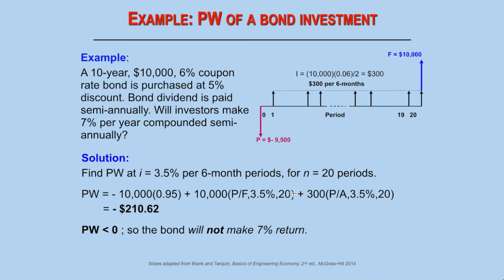And in the last term, the interest payment of $300 every 6 months for 20 periods is converted into the present worth value. We find that the present worth value at an interest rate of 3.5% per 6 months is minus $210.62. Because the present worth value is less than 0, the bond will not make the targeted rate of return of 7% per year.